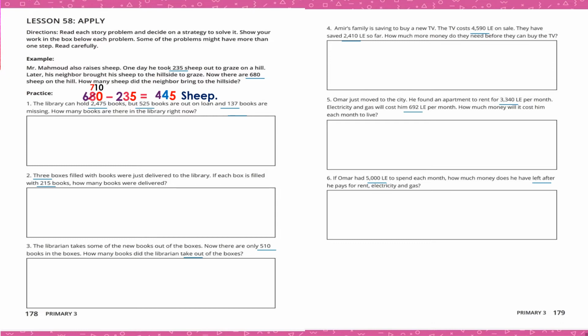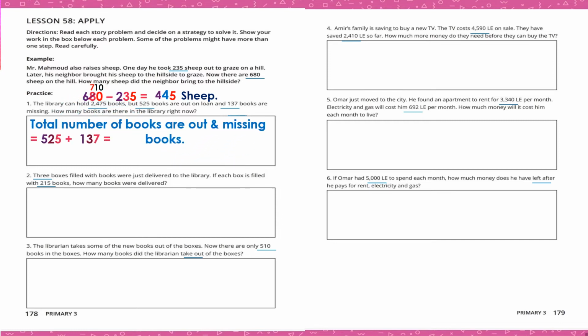So, you should know a very important thing. When we have three numbers in the story problem, you should make two steps to solve. Okay? So, here we have missing and out books. You should calculate the number of them.